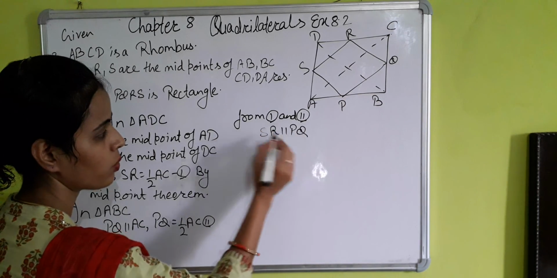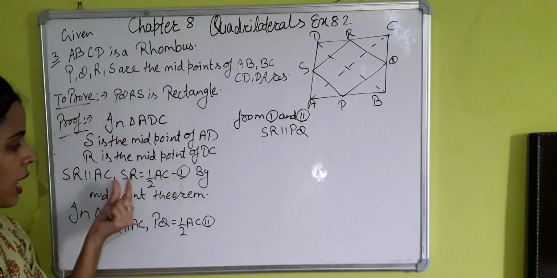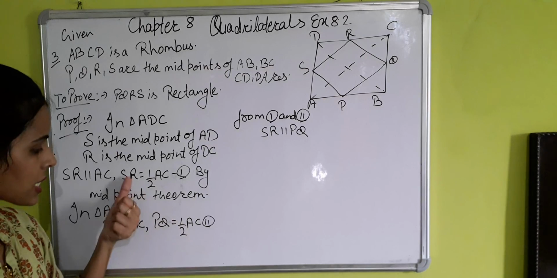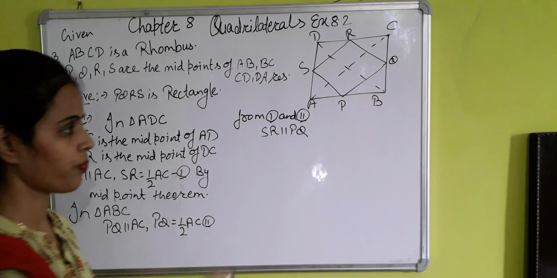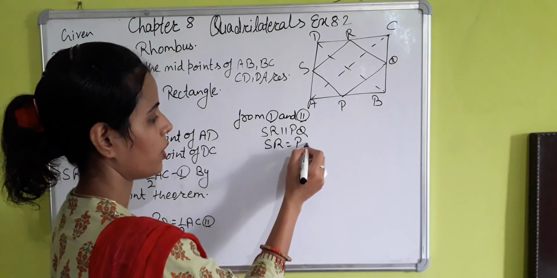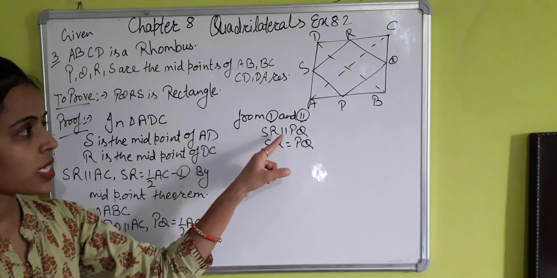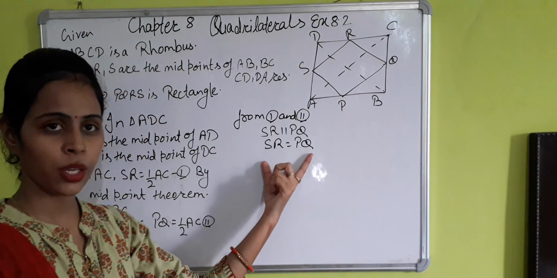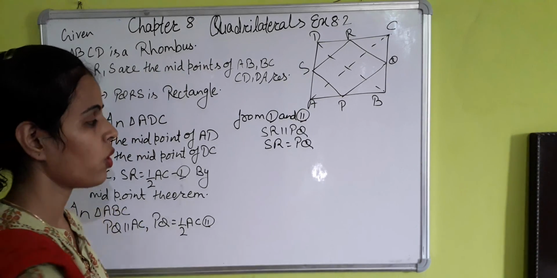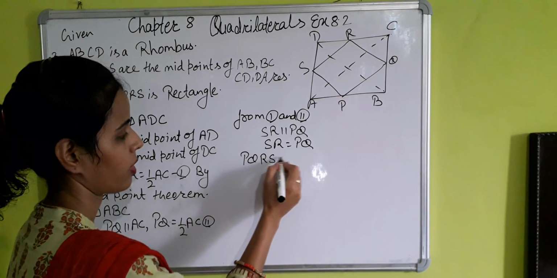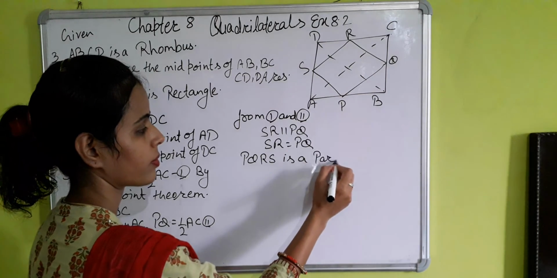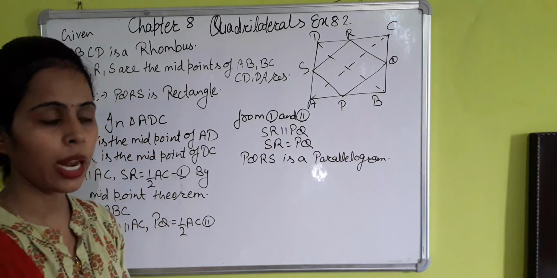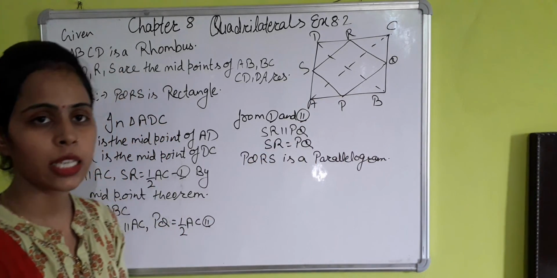SR is half of AC, and PQ is also half of AC, then SR is equal to PQ. SR and PQ, opposite sides, are equal and parallel. So this PQRS is a parallelogram.